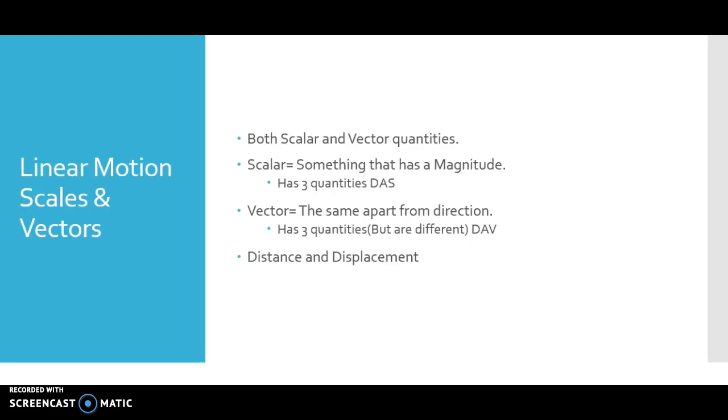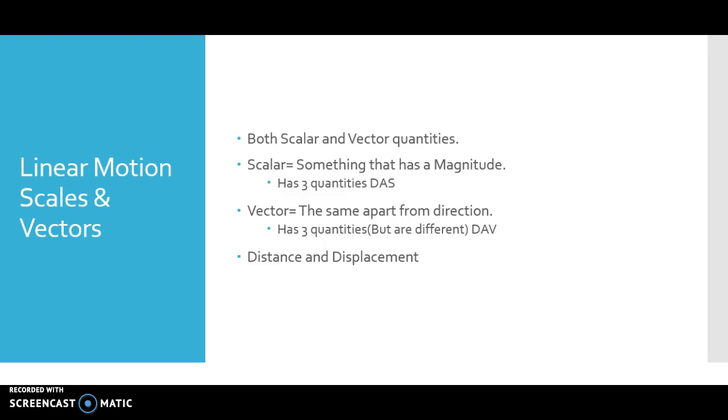Now moving on to scalars and vectors of linear motion. We have both scalar and vector quantities. Scalar is something that has a magnitude, i.e. something that is big or fast, and vector is sort of the same, but in a direction, so how big or how fast the thing is moving in that direction. There are three quantities under each: we have DAS and we have DAV.